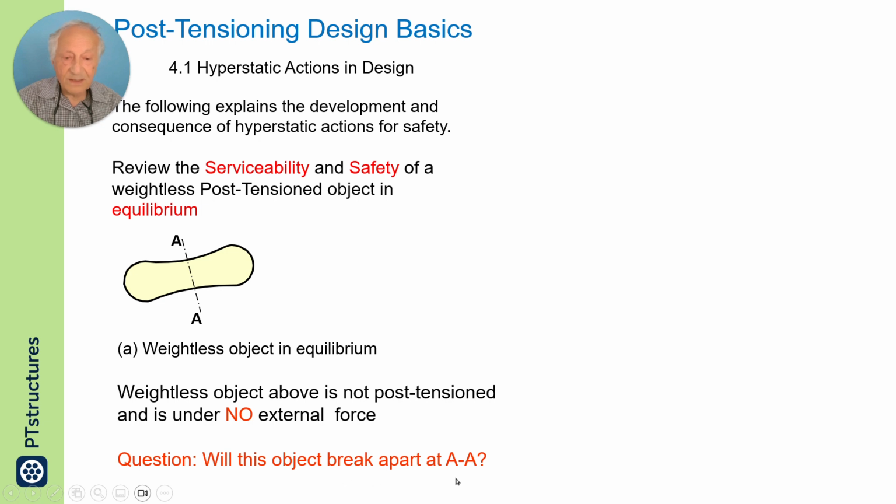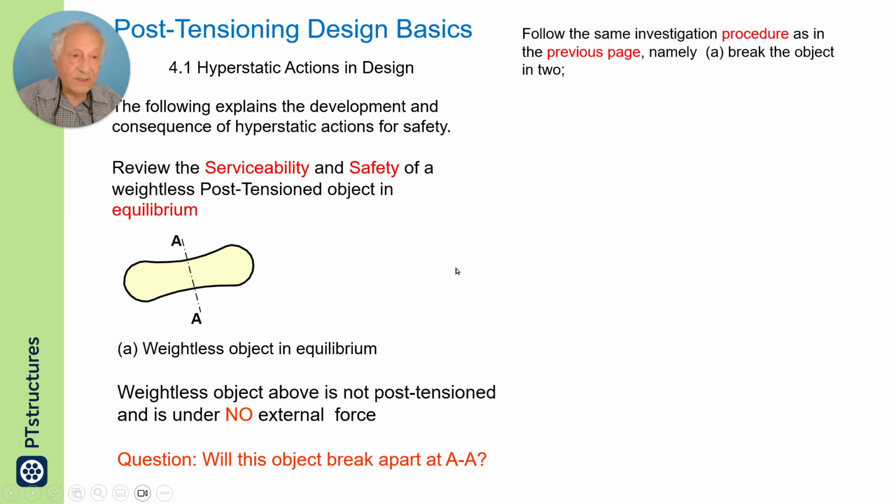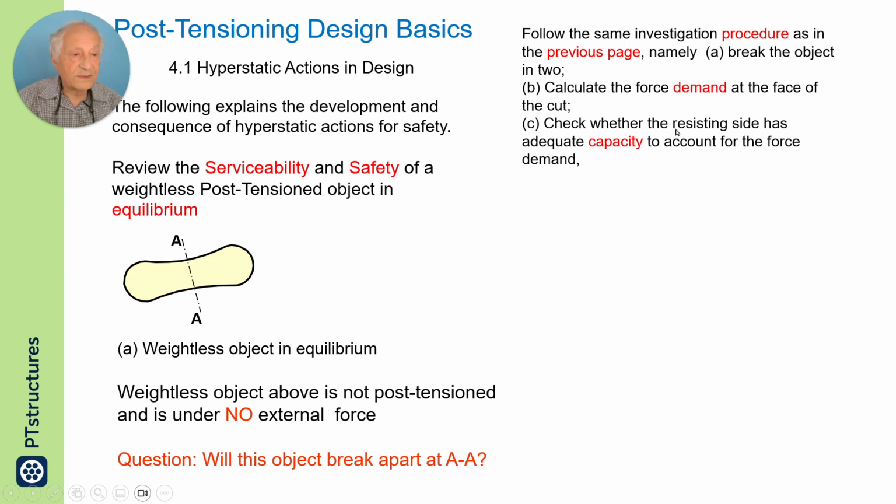Will it break at section AA? We use the same method. The method of the previous section is to cut the structure into two and find the demand and look at the capacity.